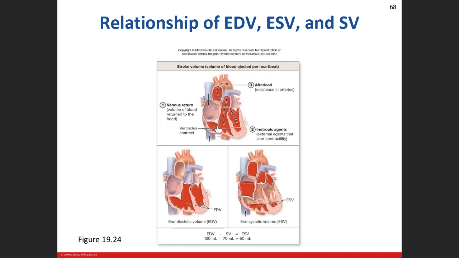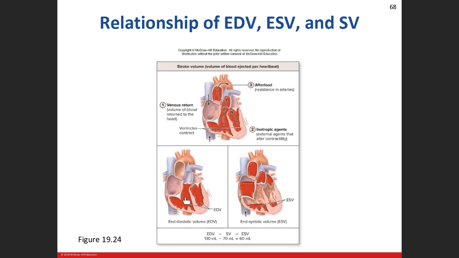All right, our afterload is going to be the resistance to the blood flow outside of the heart, so in the aorta, all right, and the pulmonary trunk. And then our ionotropic agents are going to show the forcible contractility of the heart.